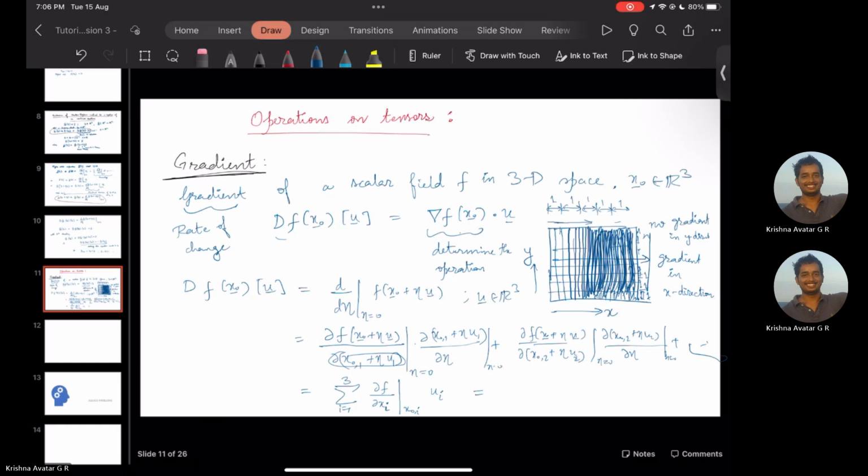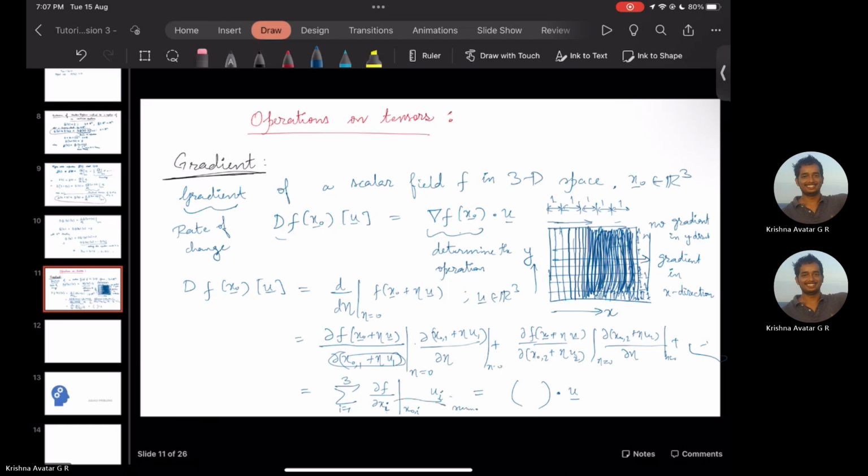Now you can clearly see that there is a repeated index here, so this simply means that there is some summation involved. So there is some quantity dot u. You can see it, right? There is a summation implied over i.